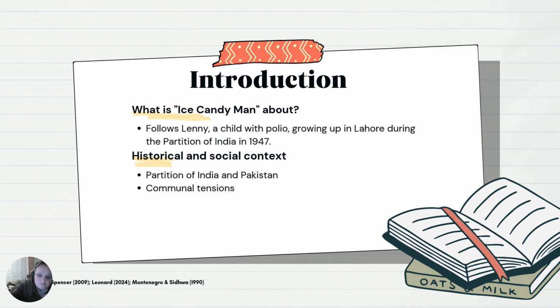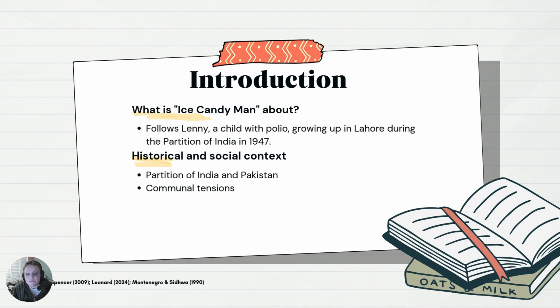The story is told through a first person perspective through Lenny's eyes, and it explores the complex relationships within her household, particularly with her parents, her ayah, and socially with strangers she meets on the streets, and other kids.